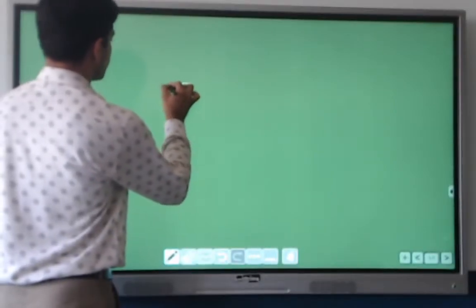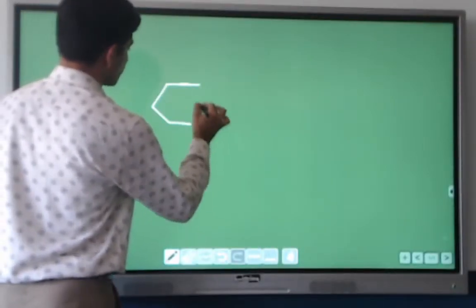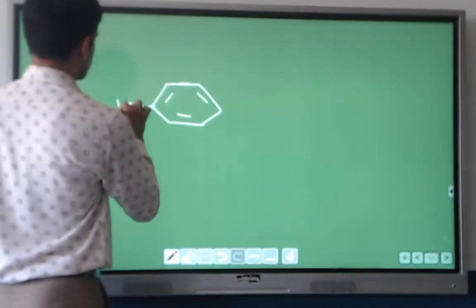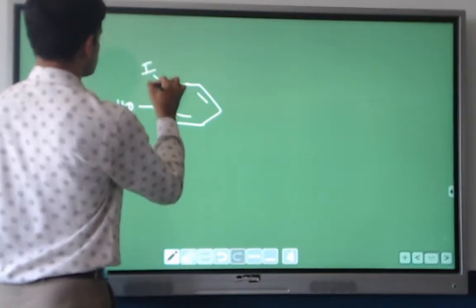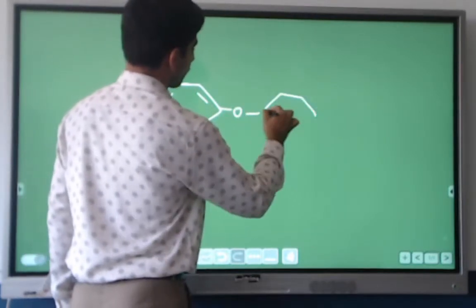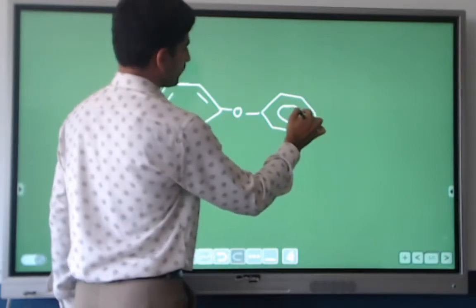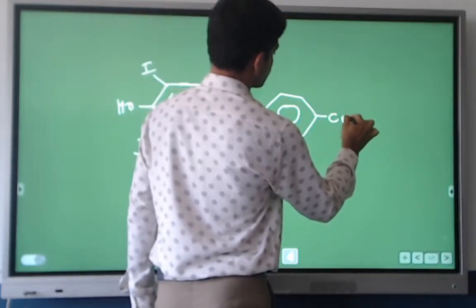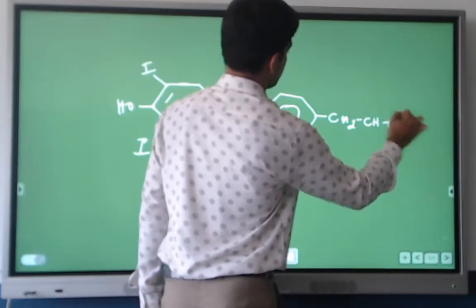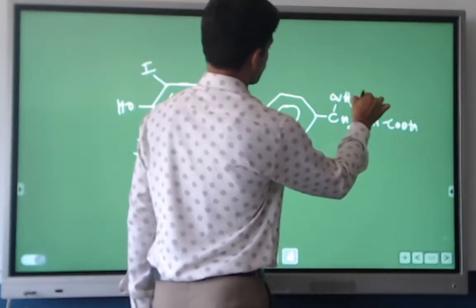So a benzene ring will be there. I wrote a rough structure. OH group will be there, iodine will be there, and benzene will be there, where a CH2 CH COOH group will be attached to the NH2 group.